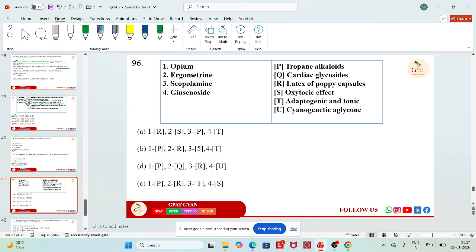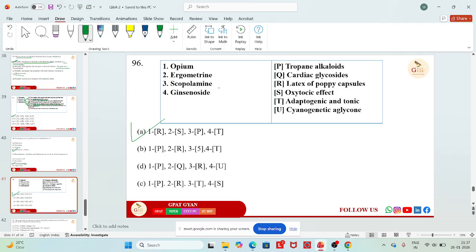Four more questions, quickly. Opium is latex of poppy capsule, so 1R goes for option A. Ergometrine gives oxytocic effect. I think in pregnancy there is some information about ergometrine, but I don't remember properly.